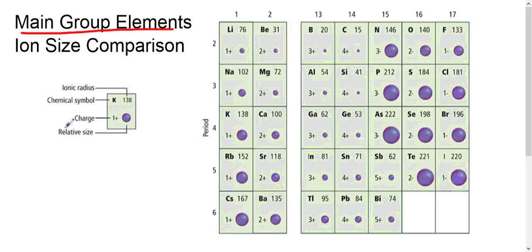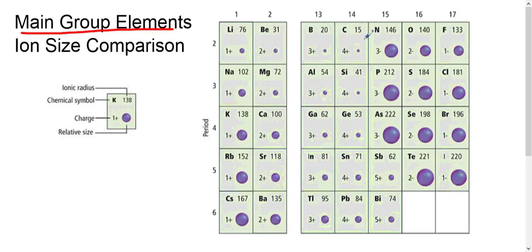So this chart, you've got your ionic radius, it's just showing ions here, and it's in picometers. It's got the charge and the relative size. What I want you to notice is that all your cations, so lithium, beryllium, boron, carbon, this one has carbon forming a cation, the size decreases.